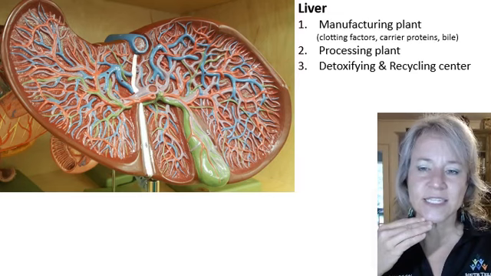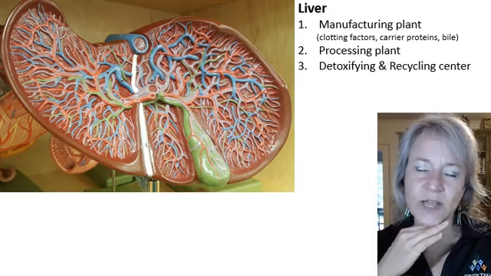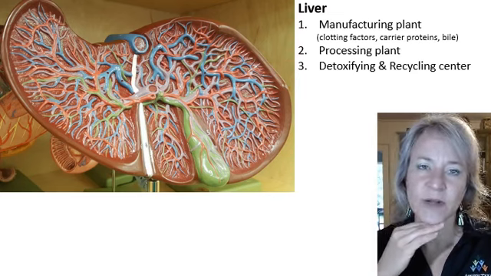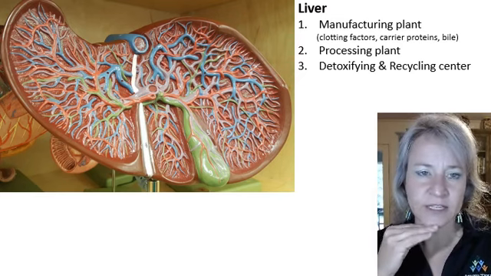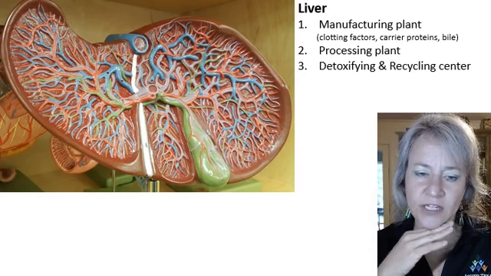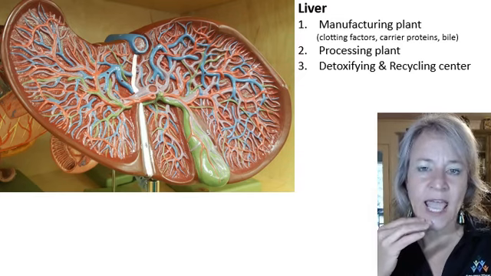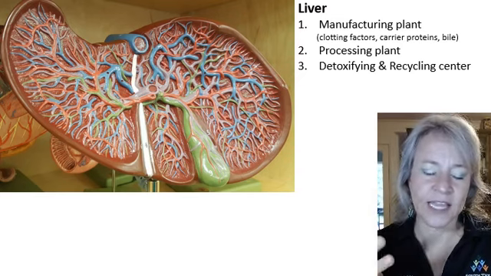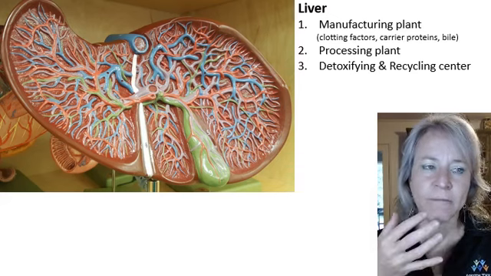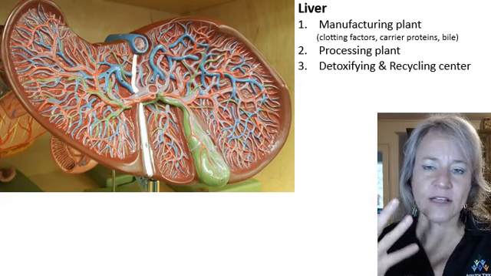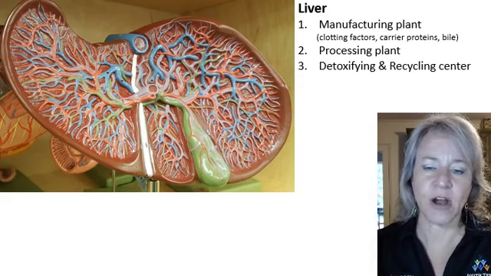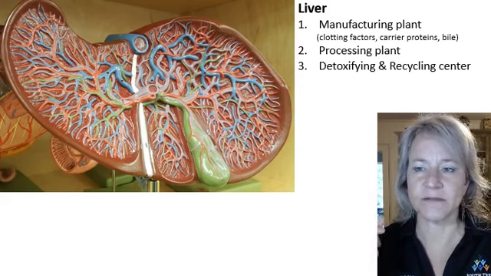And it can recycle. It's a recycling center. Dead red blood cells only have a very short life of 120 days, and they're constantly dying, and they get trapped by the liver, and the liver breaks down those dead red blood cells and recycles the different parts of them.